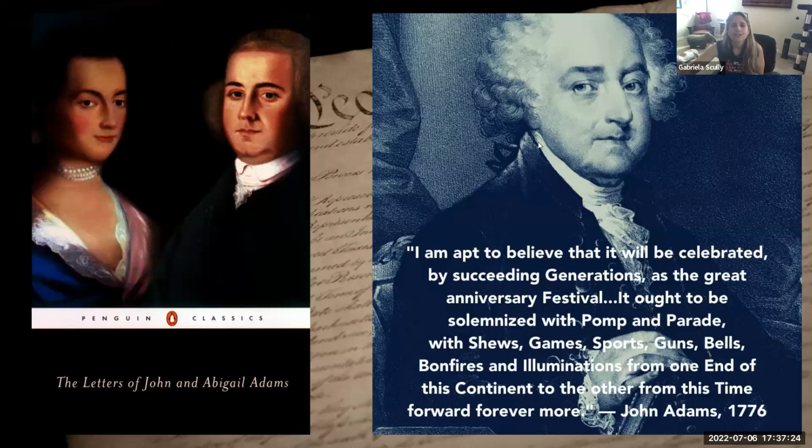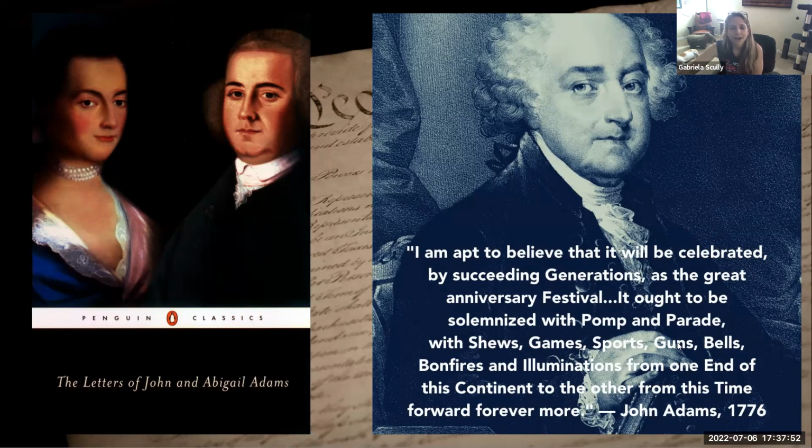All right. John Adams, who's part of the delegates who votes for independence, writes to his wife, Abigail, and he says essentially like, boom, yeah, we need to celebrate. He thought it was July 2nd, but July 4th. I am apt to believe that the signing of the Declaration of Independence will be celebrated by succeeding generations as the great anniversary festival.